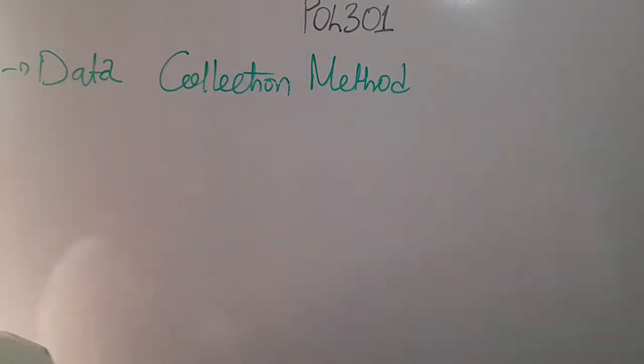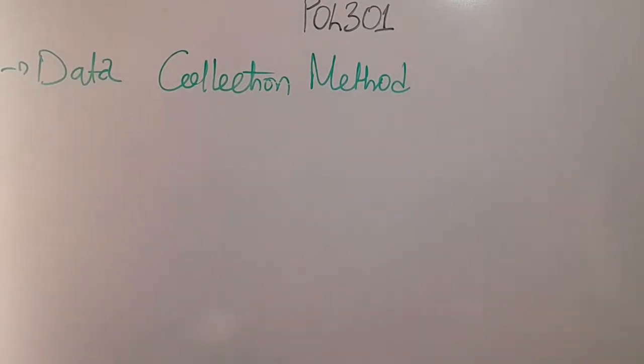Now, we'll talk about data collecting method. Like we all know by now, data is very important when it comes to research work. Research is all about problem solving, and the selection of a problem area for research is the first step towards the identification of research population, like we said in our last class.